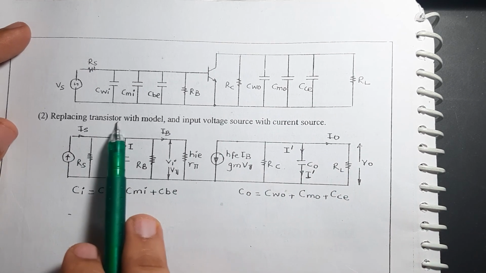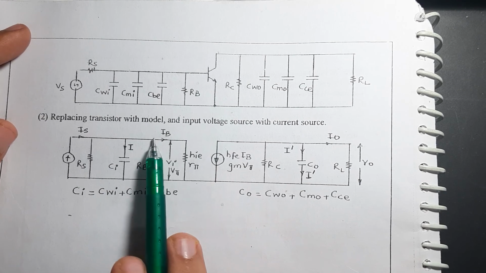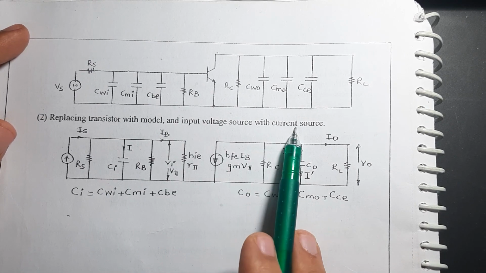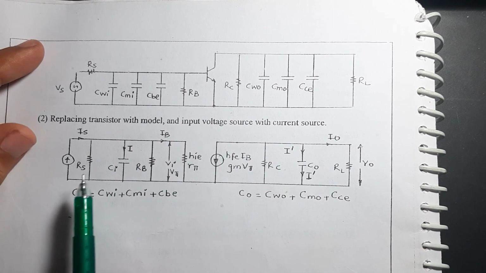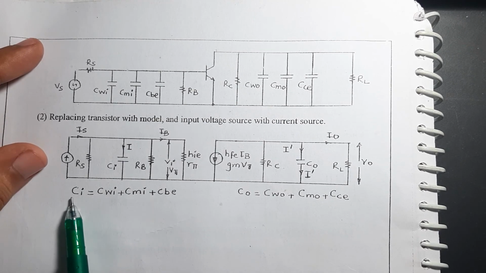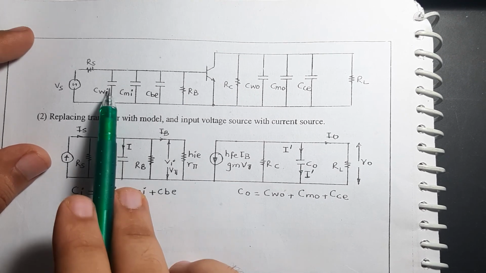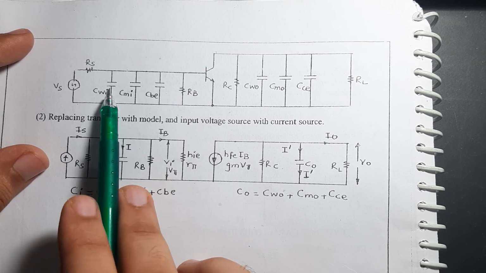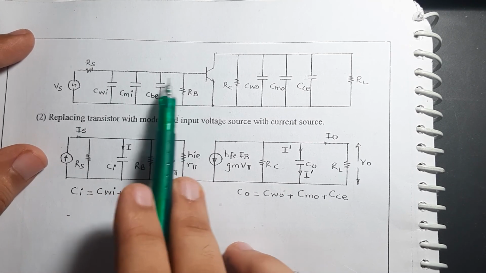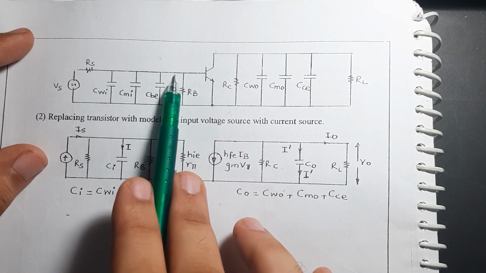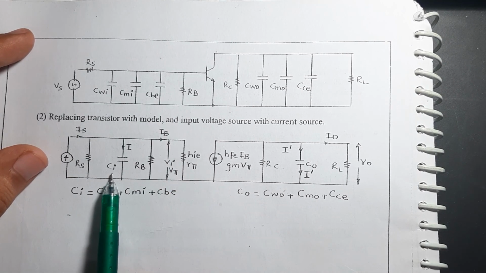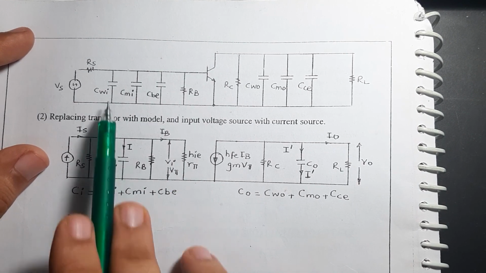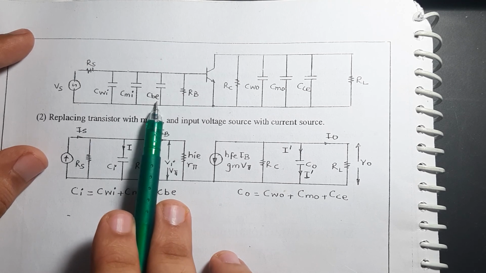Now replacing your transistor with a model and the input voltage source with a current source, we get your CI, which is nothing but, now what did I do? Since the capacitors are connected in parallel, they just simply add up, so instead of drawing three capacitors, I can have a single CI, which is CWI plus CMI plus CBE.